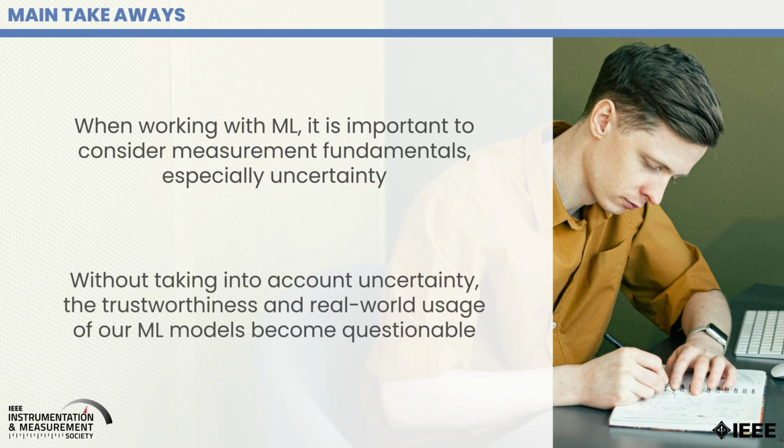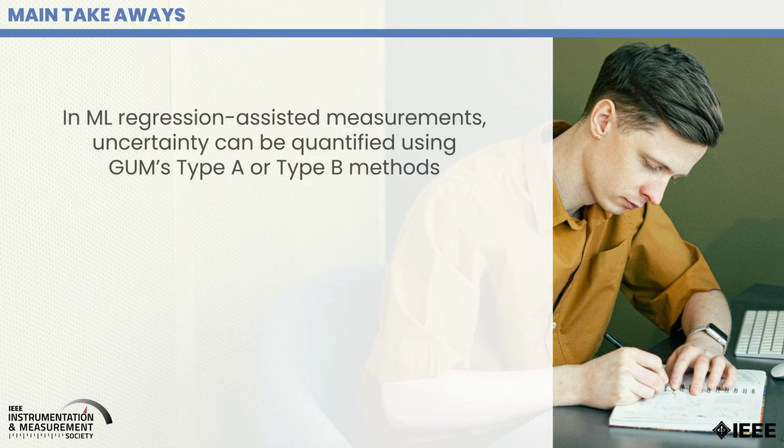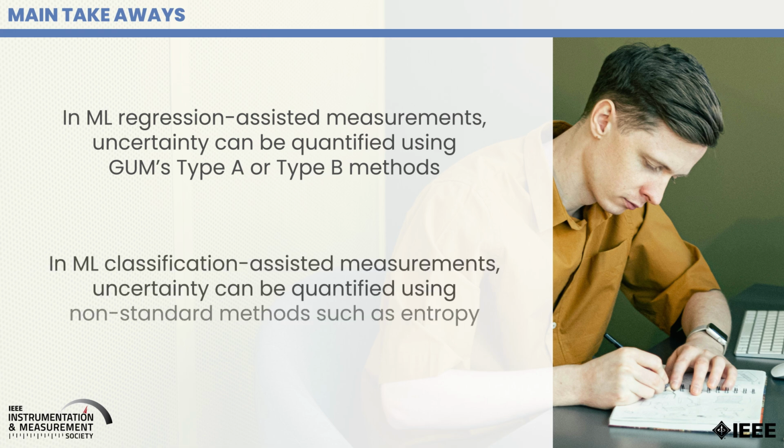Without taking uncertainty into account, our systems are not going to be trustworthy and will have limited practical application in the real world. So it's very important to have the uncertainty quantified. If we are using an ML regression assisted measurement, then we can use the existing standards to quantify the uncertainty. But if you're using ML classification assisted measurements, then we have to use other methods as I showed you.